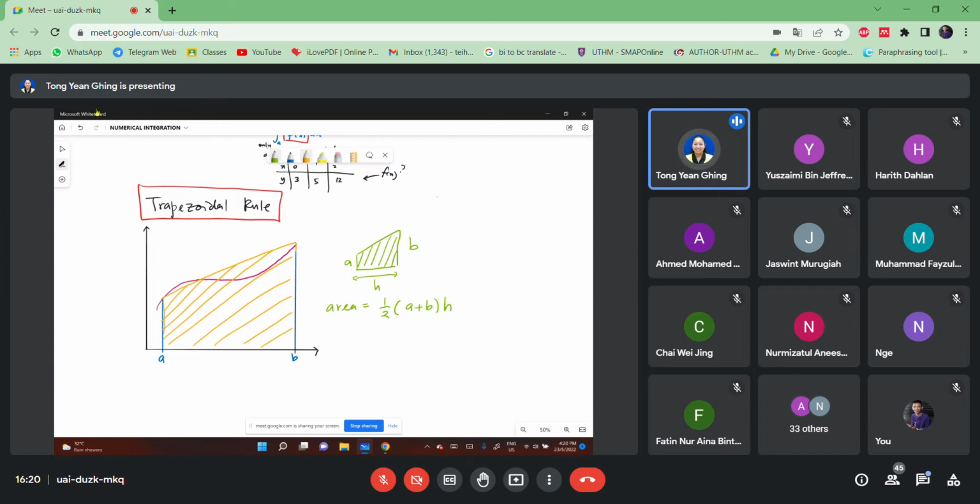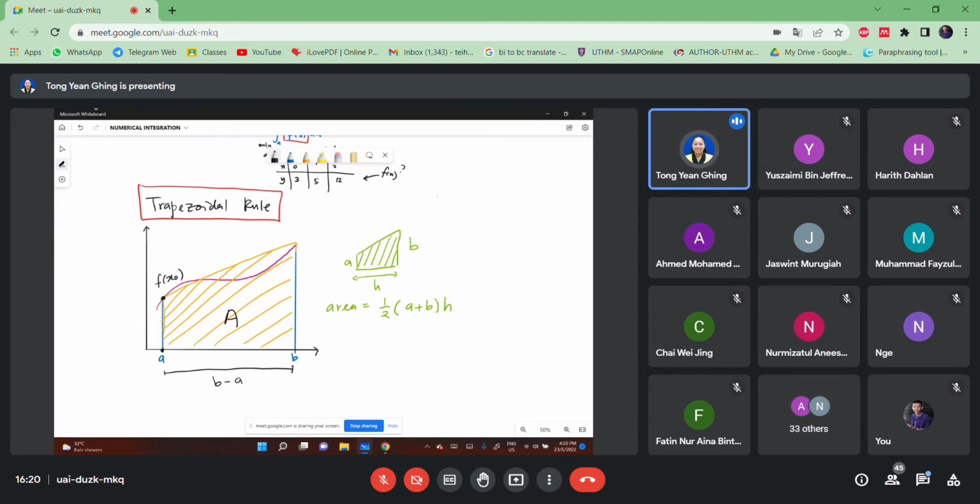Let's say I want to find the area of this trapezoid, this area A, starting from A until B. The length of this one is B minus A. At this point, X is X0, so this is F(X0).